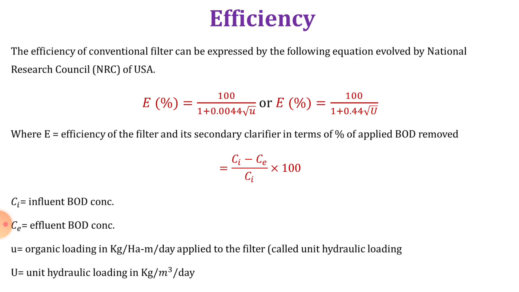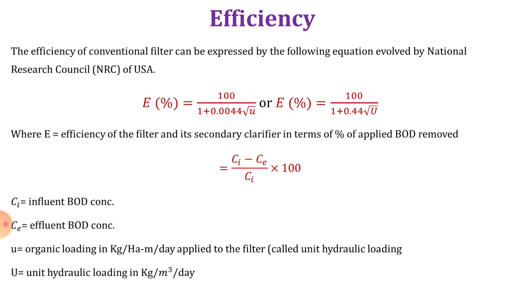Then the efficiency of conventional filter can be expressed by the following equation evolved by National Research Council of USA. According to that, E in percentage will be given as 100 divided by 1 plus 0.0044 under square root small u.